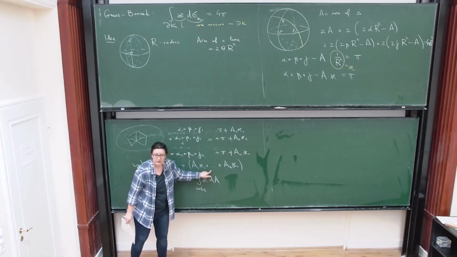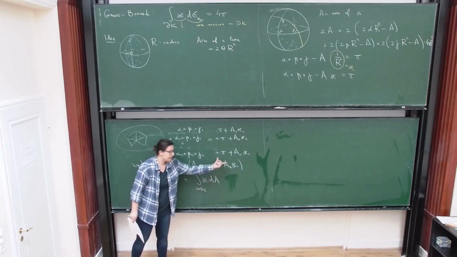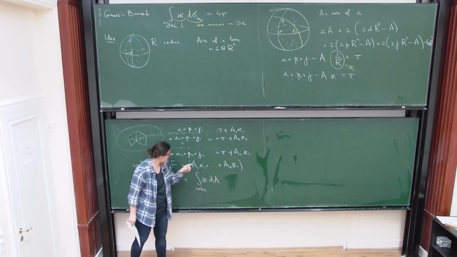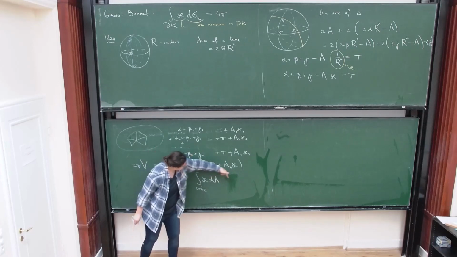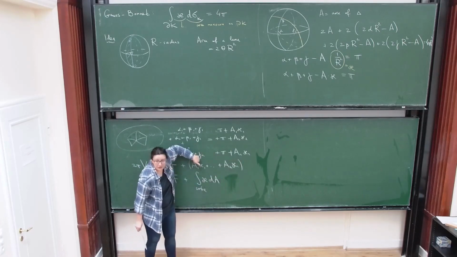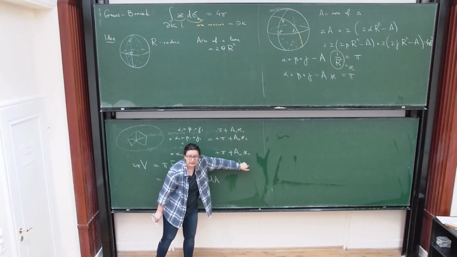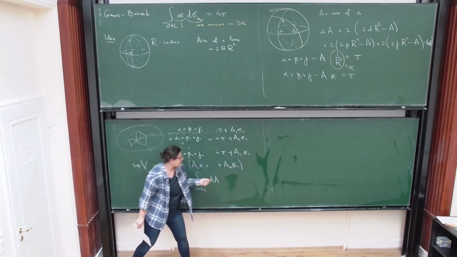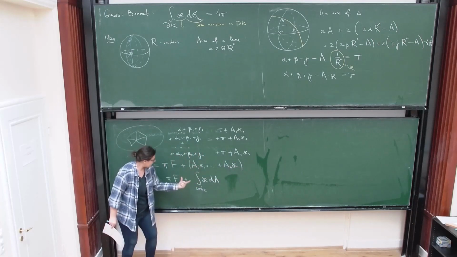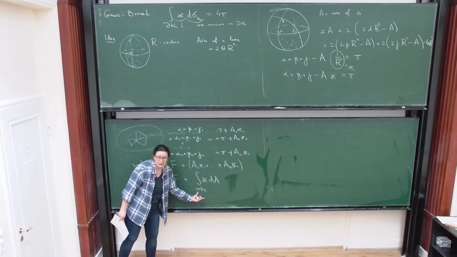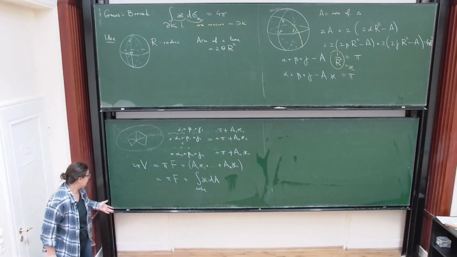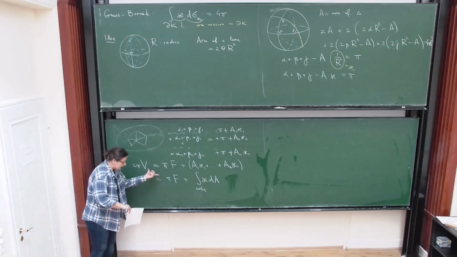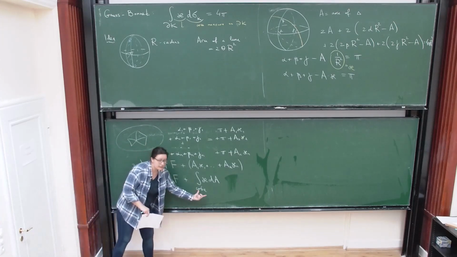Or one can divide and multiply by the total area, which is just the sum of all these A1, ..., AN, and you can see that I'm going to take the average curvature with respect to the area of the entire surface. So in some sense, this is like the integral of the curvature over the surface, and this integral is exactly the integral in Gauss-Bonnet.